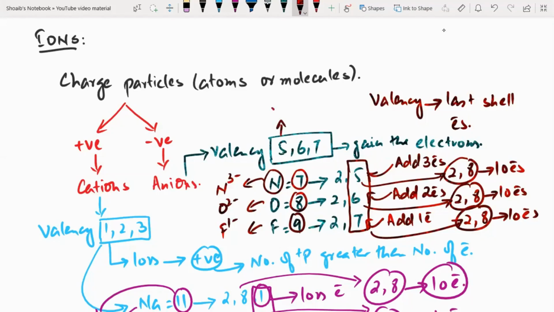The 5 valency element belongs to group number 5. The 6 valency element belongs to group number 6. The 7 valency element belongs to group number 7. Later on, we're going to discuss how the group numbers and the period number are identified by the electronic configuration.